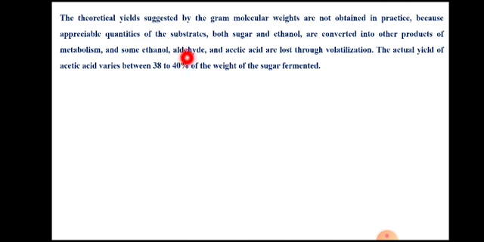Some ethanol, acetaldehyde and acetic acid are lost due to volatilization. So these are the reasons for the decrease in yield. That means the practical yield is lesser as compared to the theoretical yield. The actual yield of acetic acid varies between only 38 to 40% of the weight of sugar fermented.